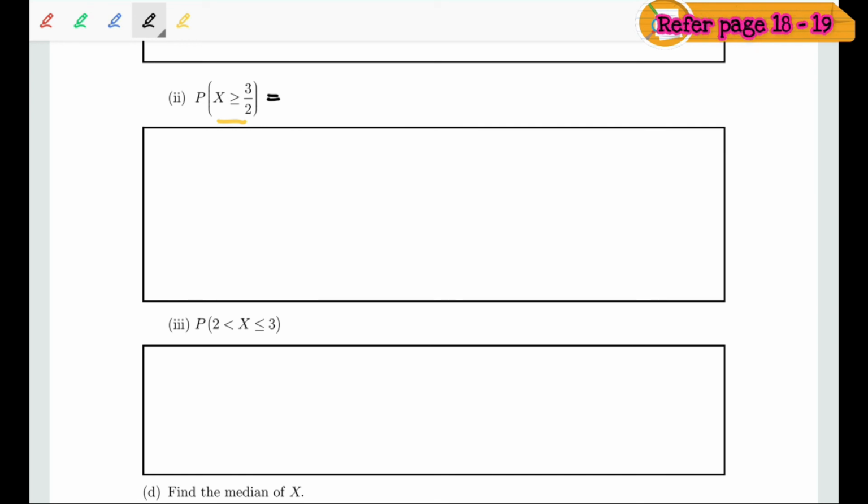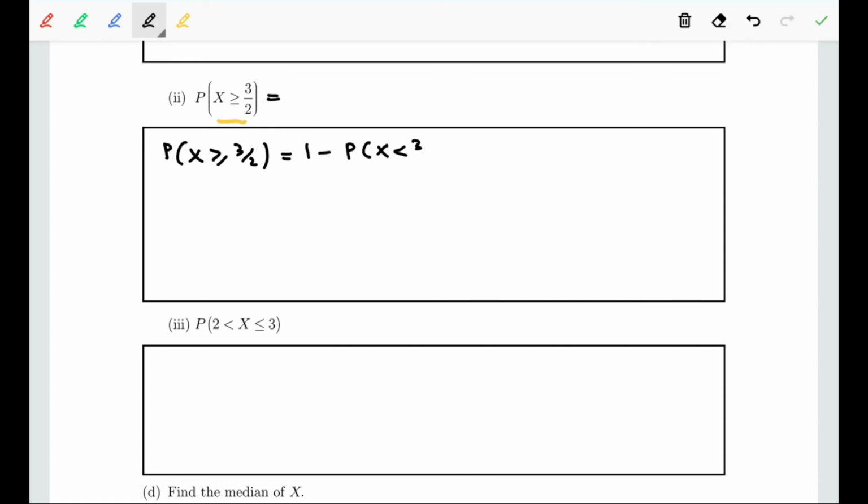Since the question asks for greater, we can convert it. P(X greater than or equal to 3 over 2) is equivalent to 1 minus P(X less than 3 over 2). You have to convert it in another way which gives you the same meaning.